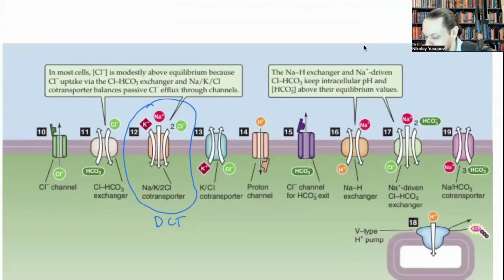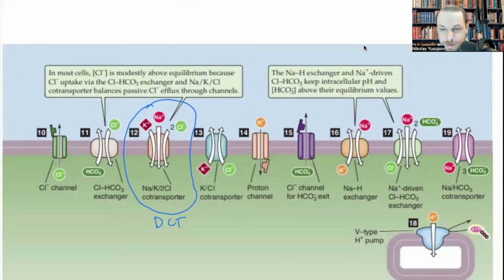Does anyone know what drug affects this transporter? This drug will come here, and this drug will block this transporter. Anyone know of the drug that blocks this sodium-potassium 2-chloride transporter?